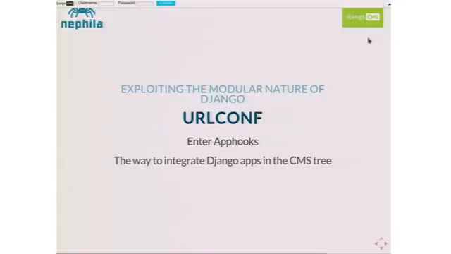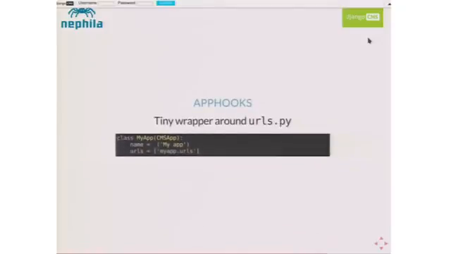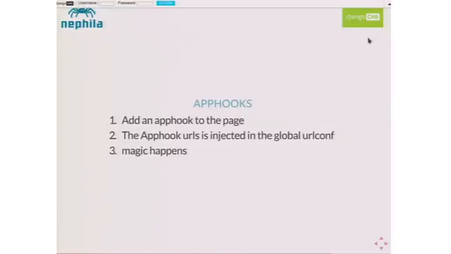And this is not a nice part of code, but let's see first how hooks work. A hook is a very tiny class. The simplest one is this one. It's just a wrapper around the URL conf of an application. When you create this class, Django CMS loads and registers it, and then you have this class available on the page change form.